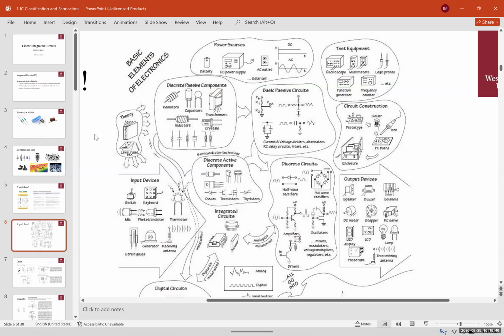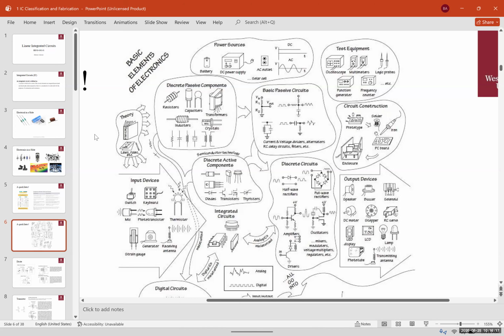We have discrete passive components like resistors, capacitors, transformers. We have basic passive circuits. We have output devices. We have input devices like sensors, and so on. You can read faster than I can. So I'm just going to quickly go through some of them.